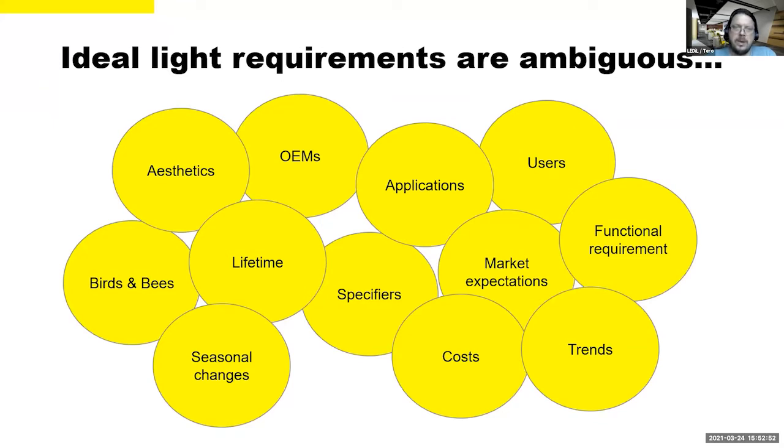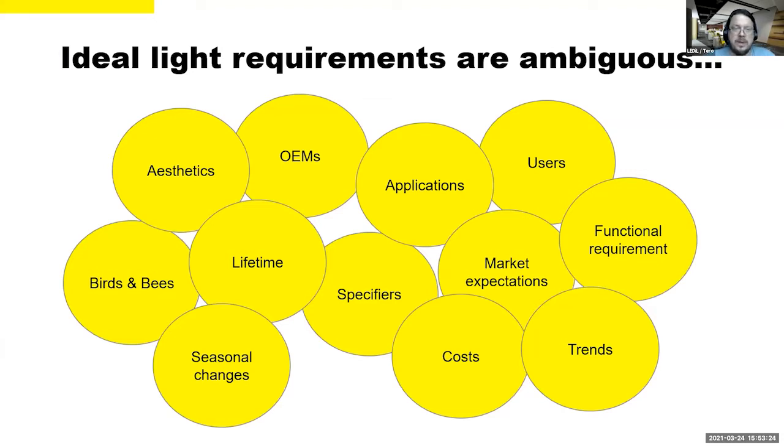If you look at the big picture, we have many different requirements. We have different user groups. We have lighting OEMs who want to differentiate from each other. We have aesthetic requirements for the lights. Of course, we always must meet the functional requirements and the minimum requirements that the specifiers are putting on us.